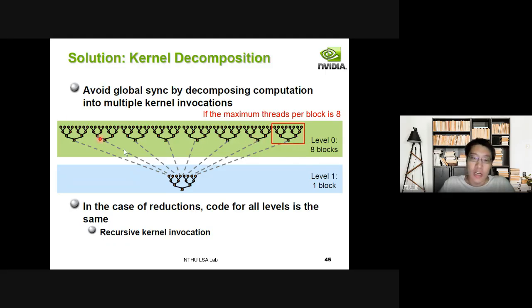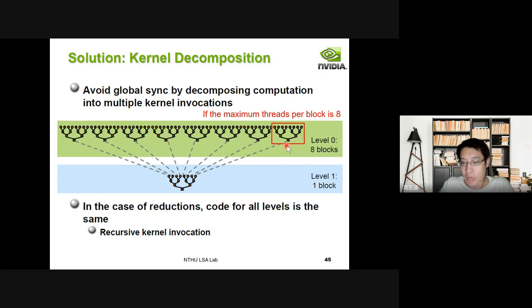So we can launch as many thread blocks as we want, but in the end they can only handle up to the 3rd level. As a result, within a block you only need to perform synchronization across its own threads.